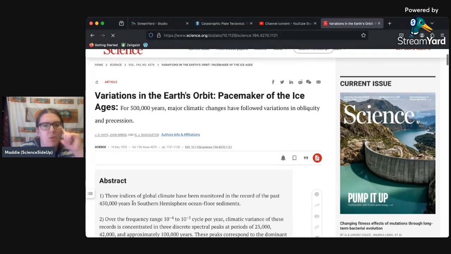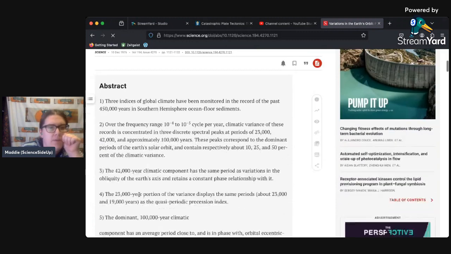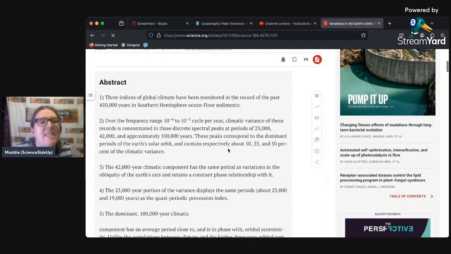Three indices of global climate change have been monitored in the record of the past 450,000 years in the southern hemisphere ocean floor sediments. Beautiful. Over the frequency range of 10 to the negative fourth to negative fifth cycle per year, climatic variations of these records is concentrated in three distinct spectral peaks at periods of 23,000, 42,000, and approximately 100,000 years.